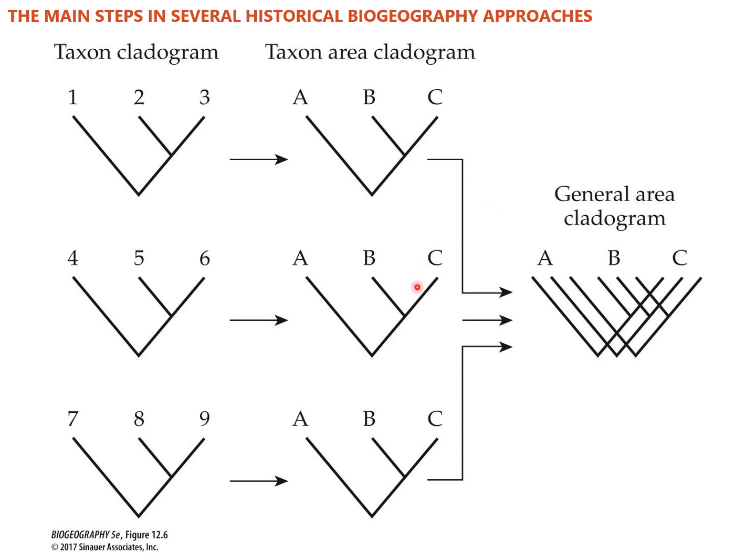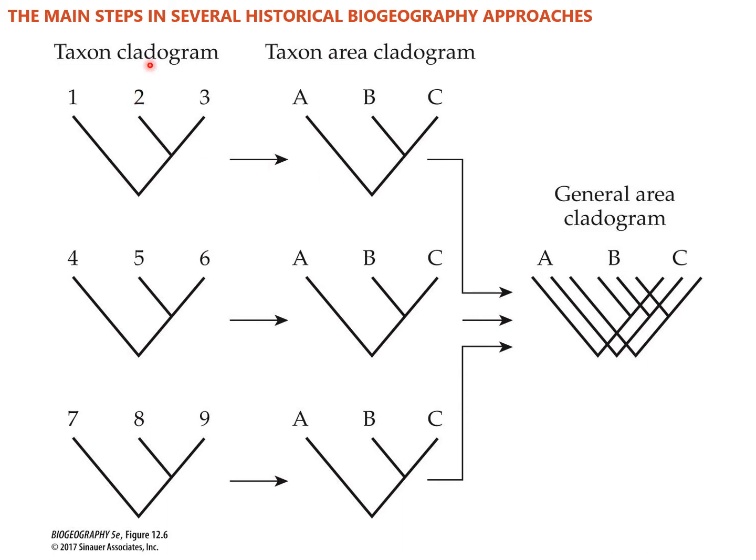But we sort of started to move beyond that approach as we have more and more tools and more data. So let's look at that. We have to go back to this idea of the taxon area cladogram first. And I want to introduce this idea of congruence.